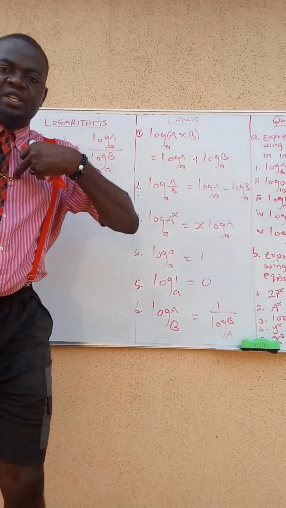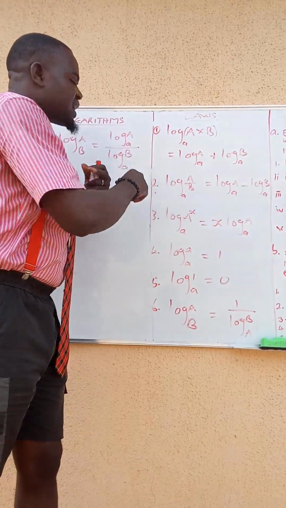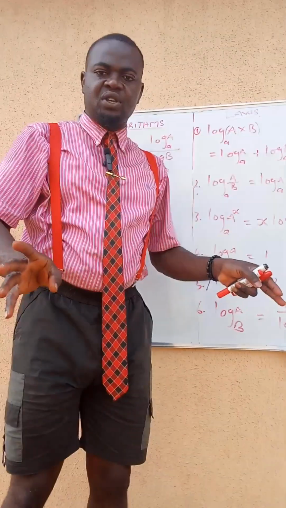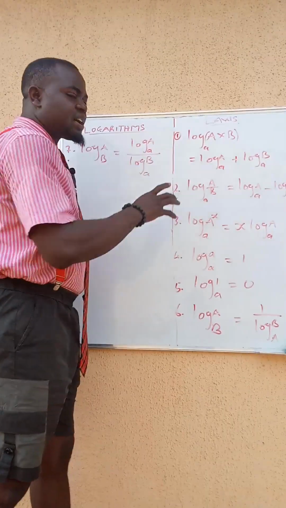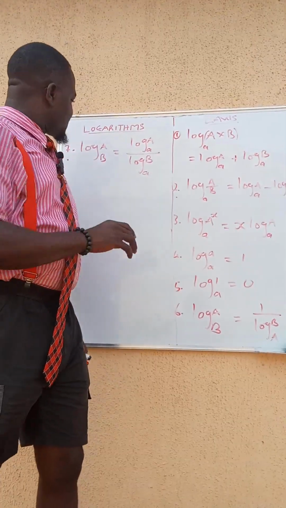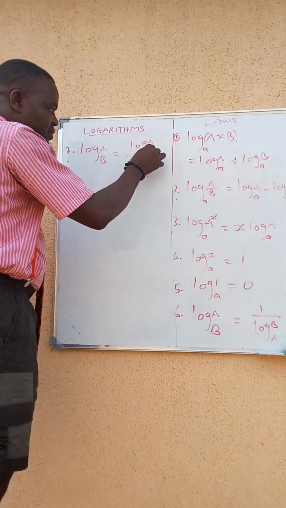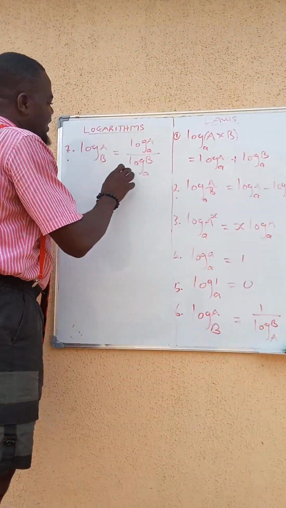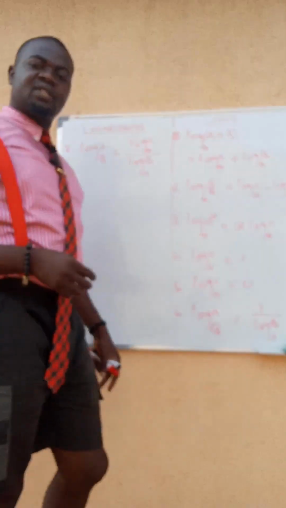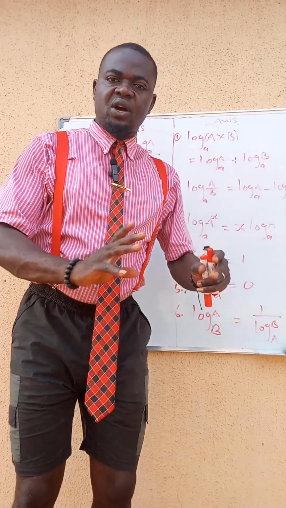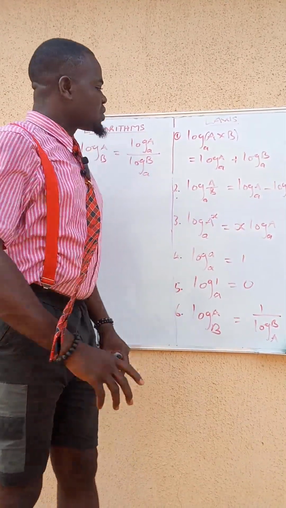I can give any base to myself, this A can be 2, 3, 7. Then I'll change their form. So this becomes log A to base A, and I will choose the base for myself for the B too. If I work it, I'll have a very good answer. So these are the laws.